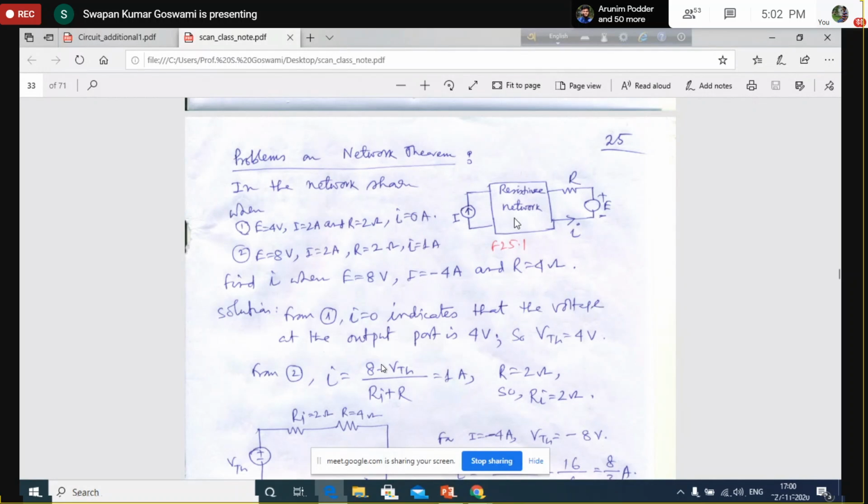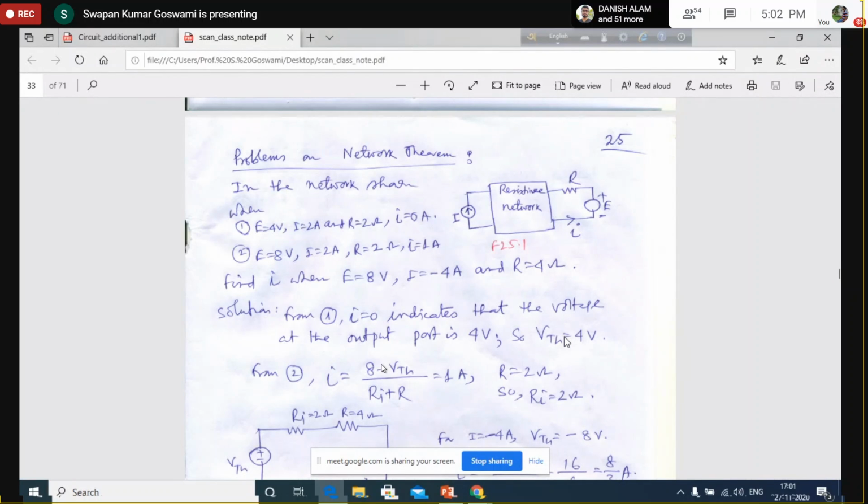So in a resistive network, if there is a change in this source, then only there will be some changes in the output voltage. Since there is no change, here also there will be no change. That means the Thevenin voltage here, because of this 2 ampere current source, will remain the same as before, which is 4 volt.